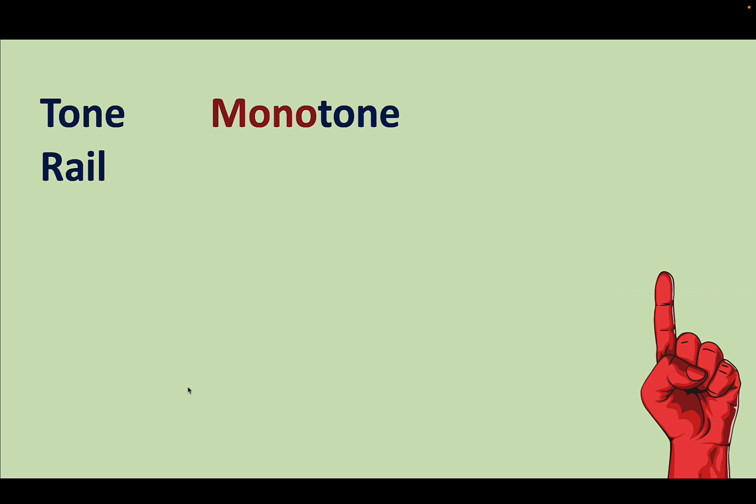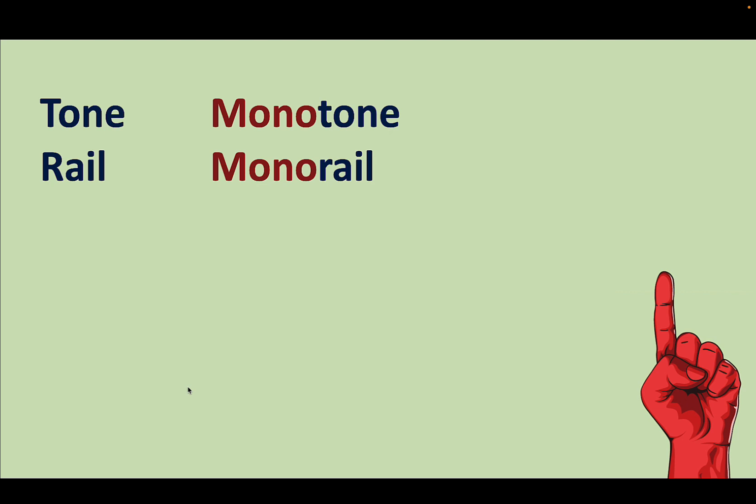If we think of a rail system, usually railway tracks have two tracks, right? But there are some transportation systems that are monorail. That means just one rail. So here's another example where it's not an opposite meaning.